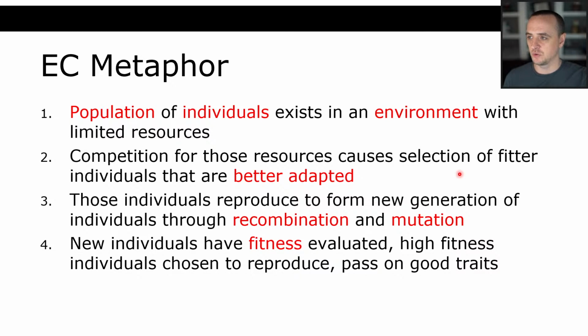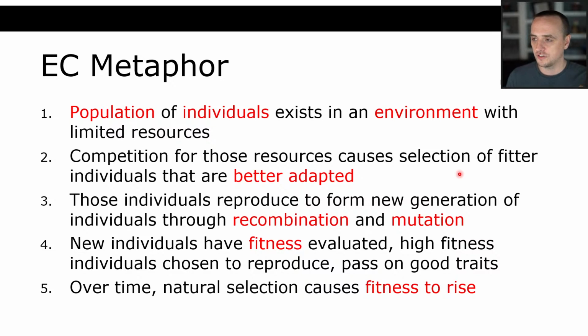High fitness individuals are chosen to reproduce and pass on their good traits. Over time, this process mimics natural selection and causes fitness to rise. Okay? This is the stuff you should know, because this is the algorithmic process that mimics natural selection. So I don't want to know about meiosis or gametes or anything like that on an exam, but I do want to know this stuff.